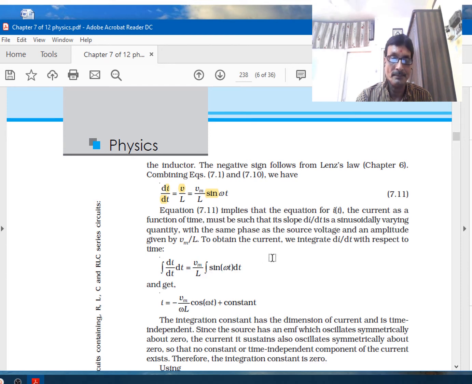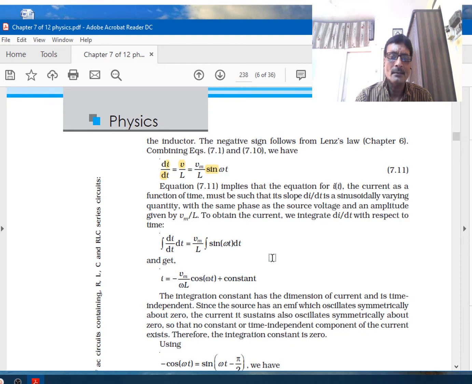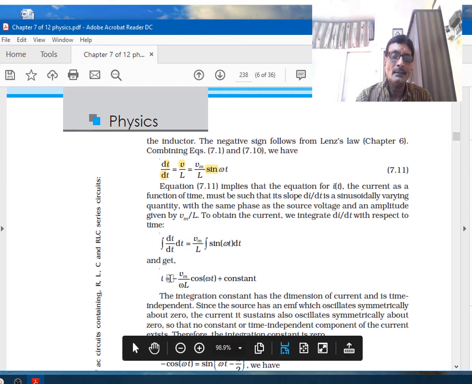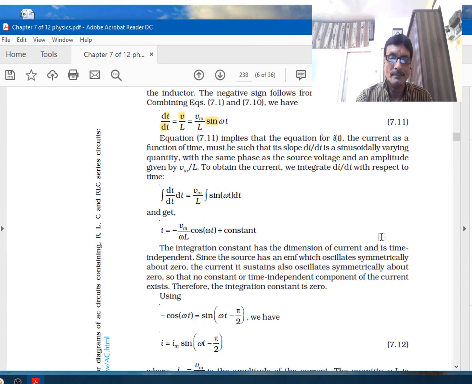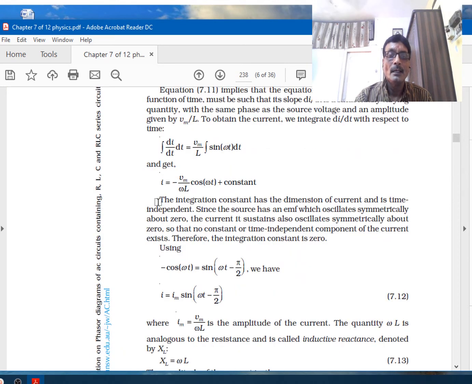sin omega t dt. By the mathematical rules, we integrate them and we get the current I equal to minus Vm by omega L cos omega t plus constant. The integration constant has the dimension of current and is time independent.